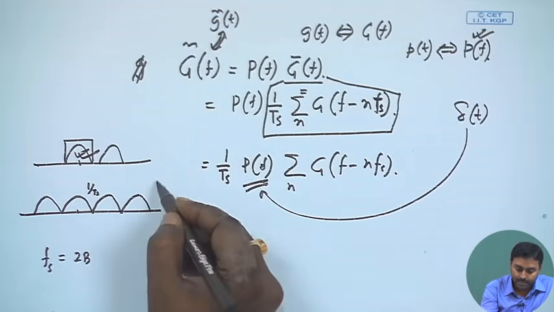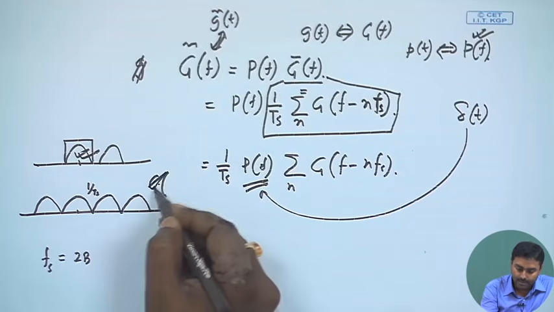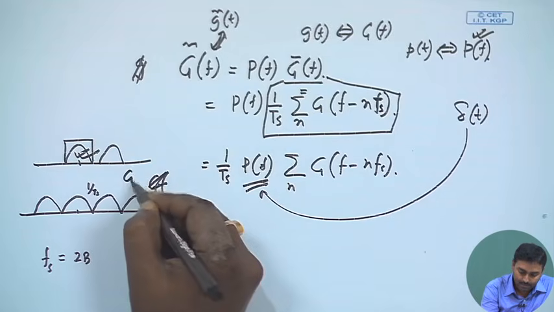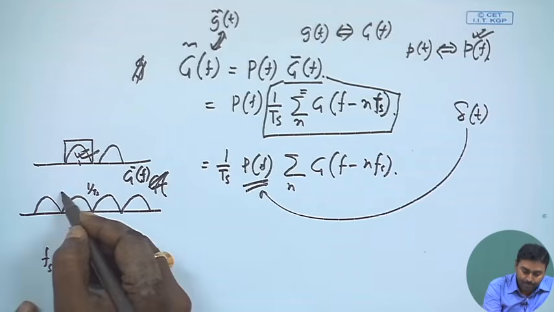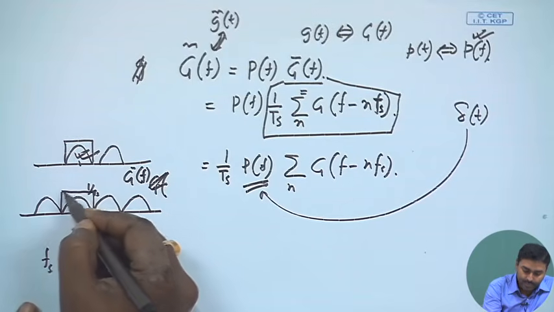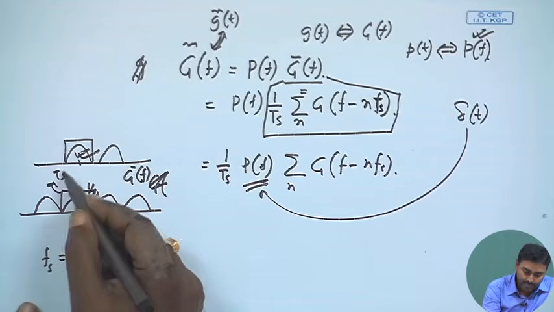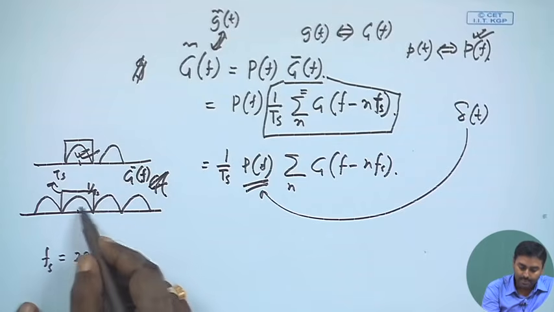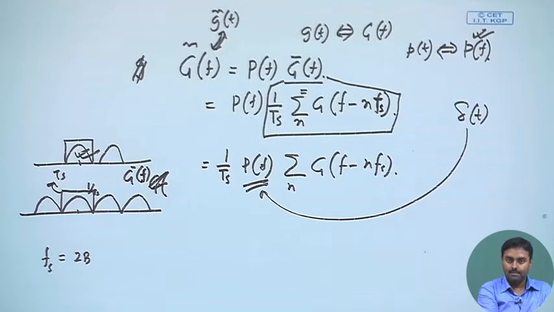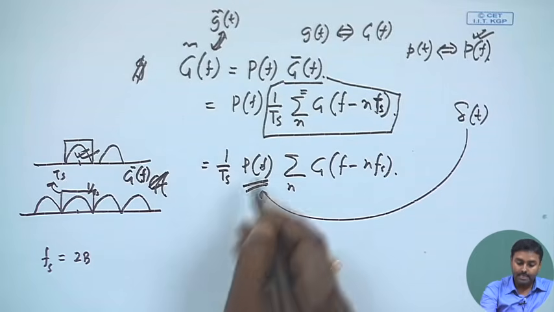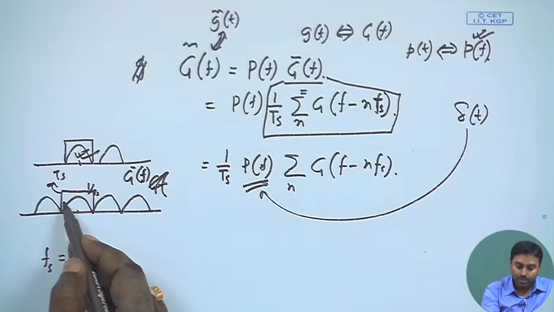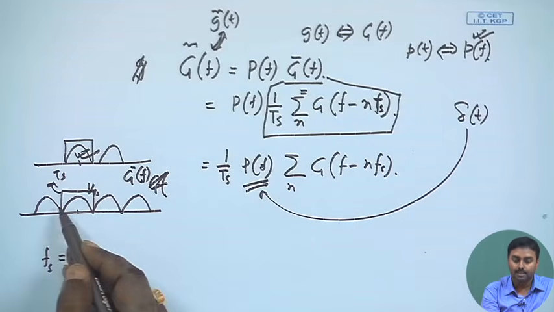So, this is actually my G hat or G bar(f), right. If I pass this through an ideal low pass filter with a gain of Ts, so that Ts and 1 by Ts get cancelled, I get this original G(f). But now because I have done the sampling with a pulse, this P(f) should be multiplied with this function.